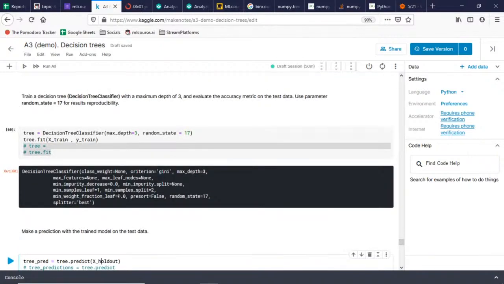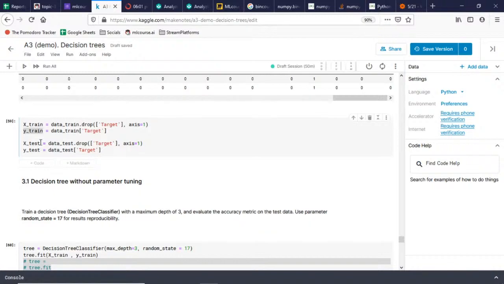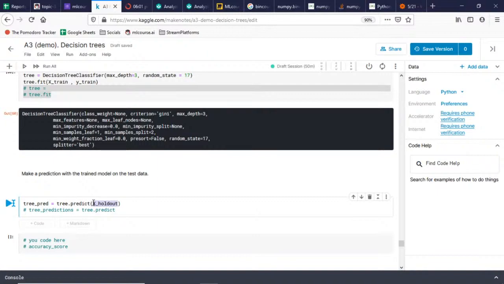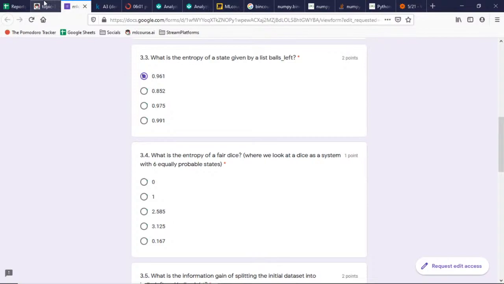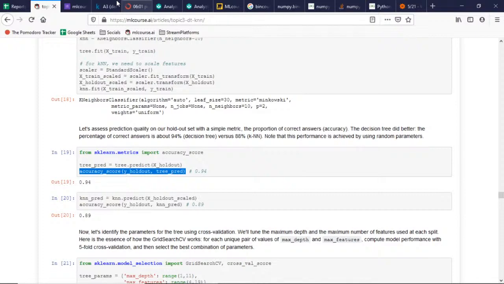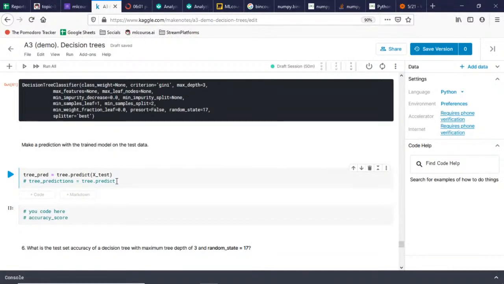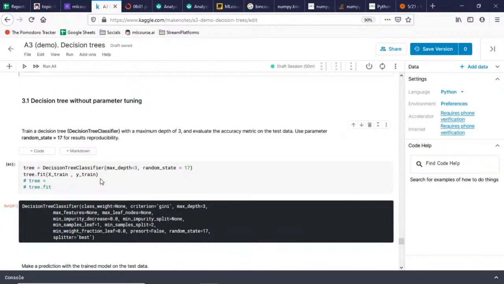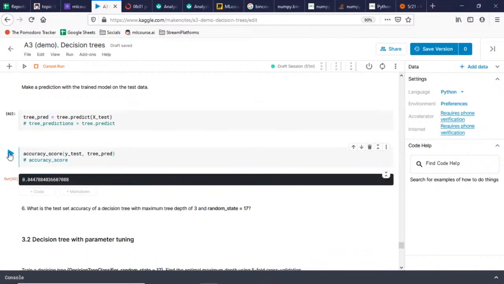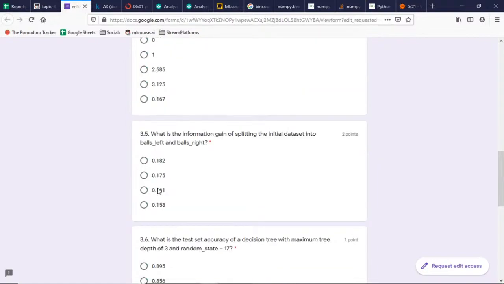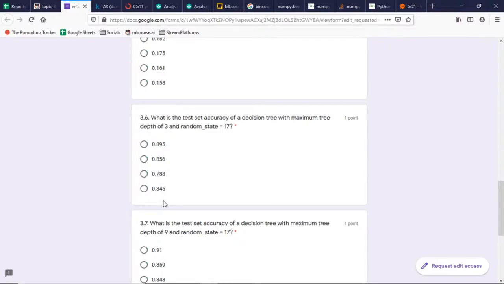Instead of x hold out, we should use x test, and calculate accuracy. So y test. Okay, 0.84. Do I have this one? Yeah, 84.5. Yeah, something like that.